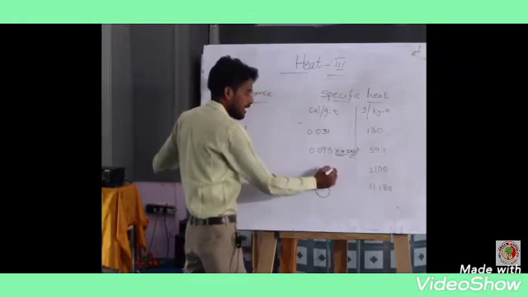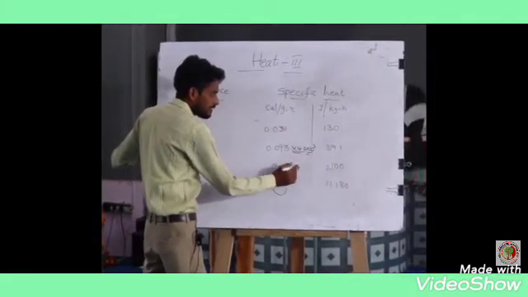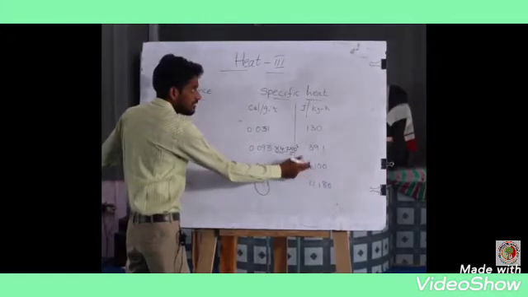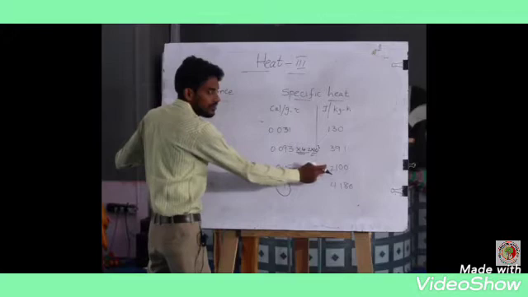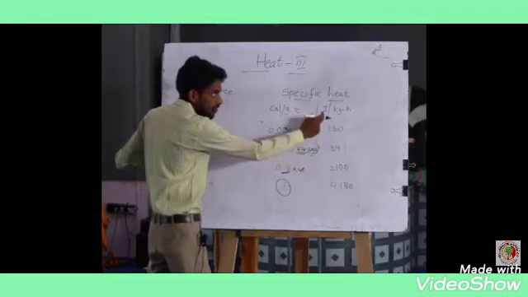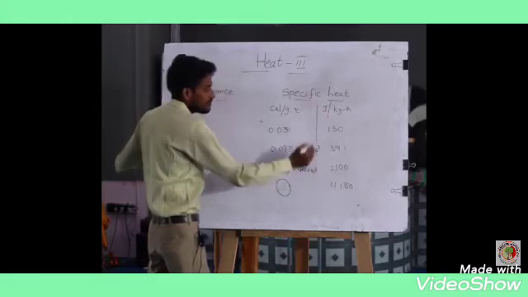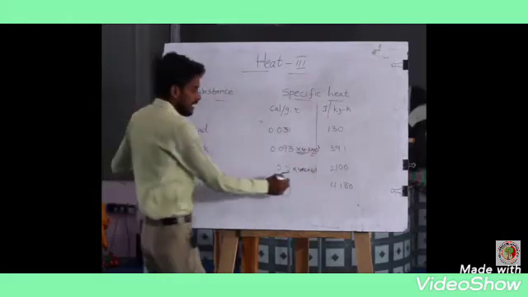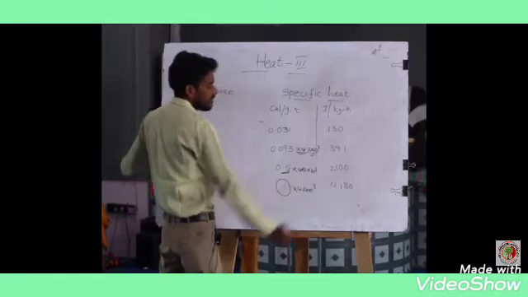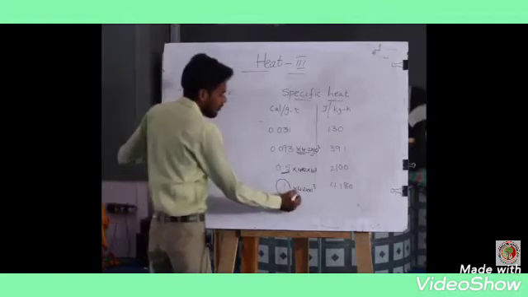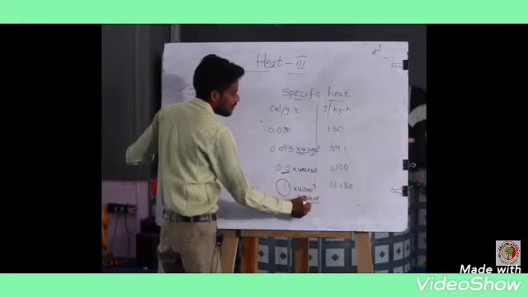If you want this calorie per gram degree centigrade value in joule per kg Kelvin, you have to multiply with 4.2 into 10 to the power 3, and water also is 4.2 into 10 to the power of 3 or 4.186 into 10 cube.